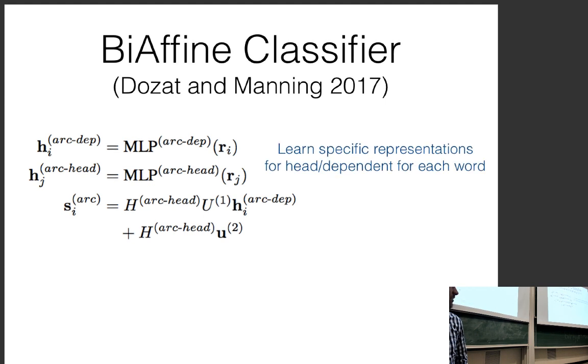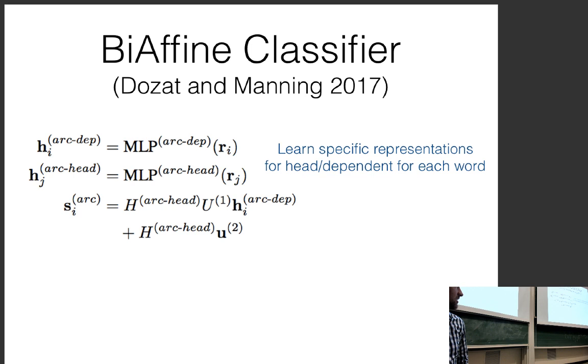So basically what you do is for each word, r_i, this is a word embedding, you run it through an MLP for the dependent. You run it as a dependent. You run it through an MLP as a head.